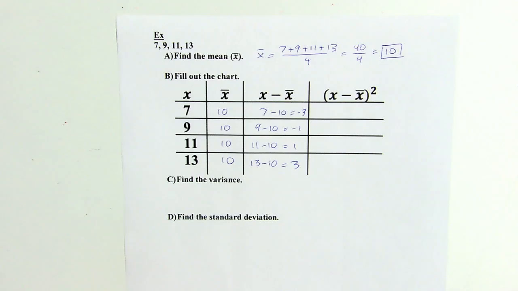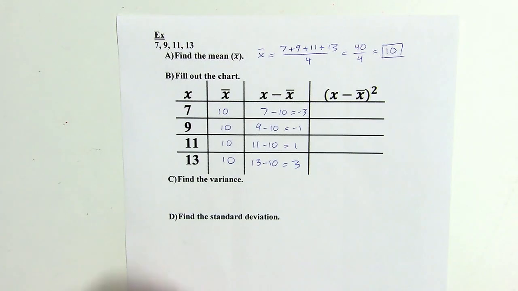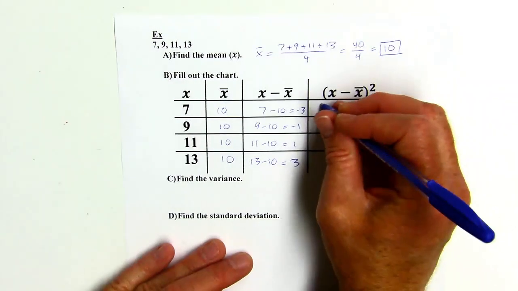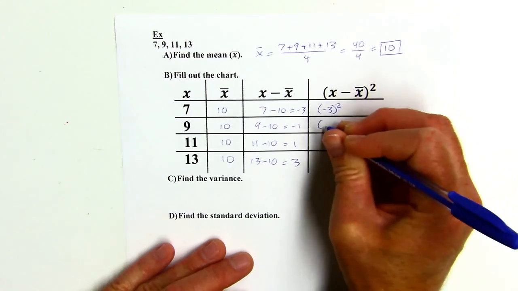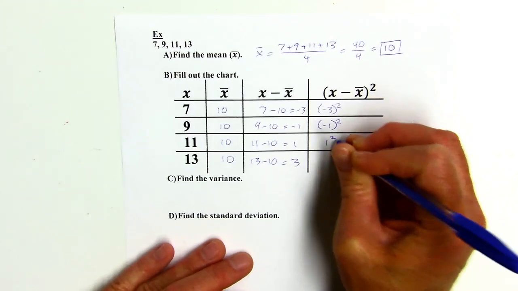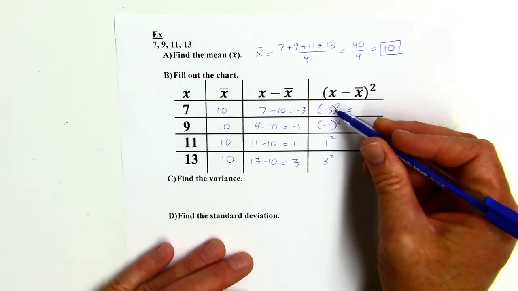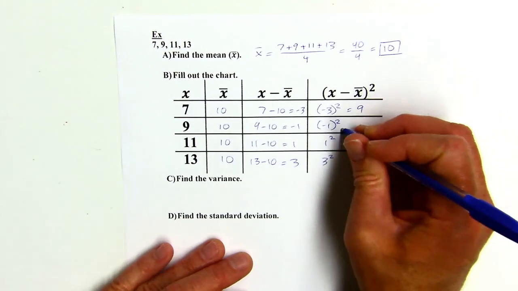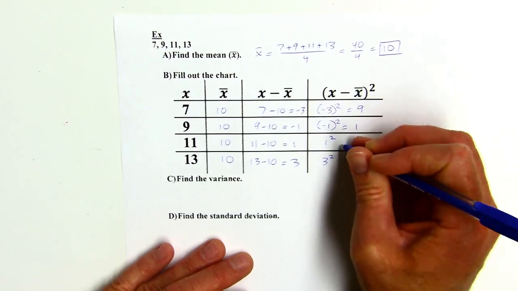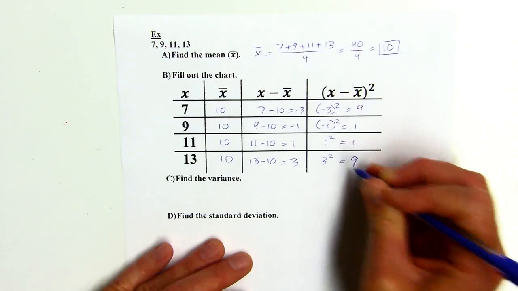Okay. Now I'll square those deviations. So I'm going to square -3 and -1 and 1 and 3. Okay, so -3 times itself. -3 times -3 is +9. -1 times -1 is +1. And I get 1 and 9 like so.